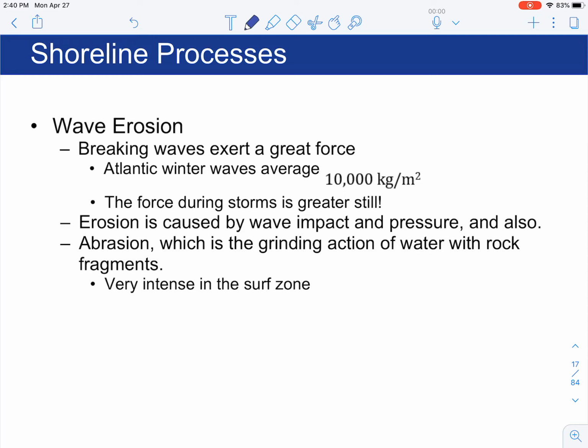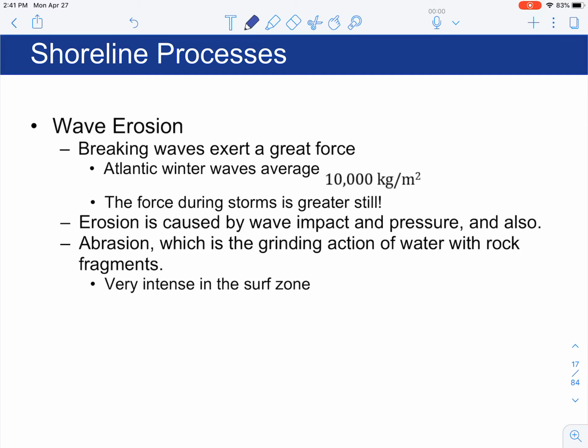All right, speaking of force, waves can carry a tremendous amount of energy and then exert a lot of force when they hit the shore. And this is really the driver of erosion that happens along coastlines. So erosion is caused not just by the waves, but also the pressure of impact on the coastline, and also abrasion.